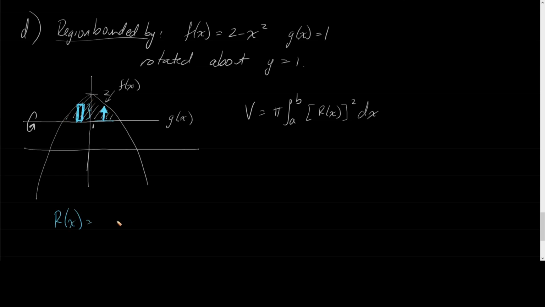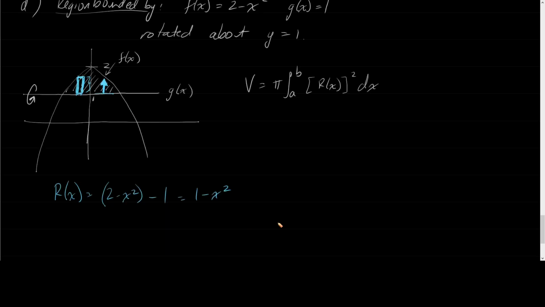That's going to be 2 minus x squared minus 1. How did I get that, right? Well, I did the top minus the bottom, 2 minus x squared minus 1, which is really just, well, 2 minus 1 is 1, so it's 1 minus x squared. So that's my radius function, all right?